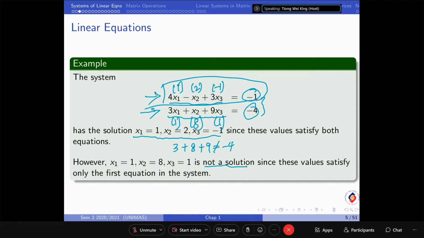So this is not a solution because it only satisfies the first equation, and doesn't satisfy the second equation.